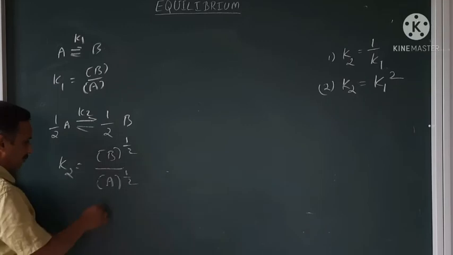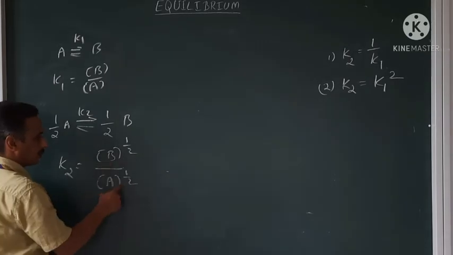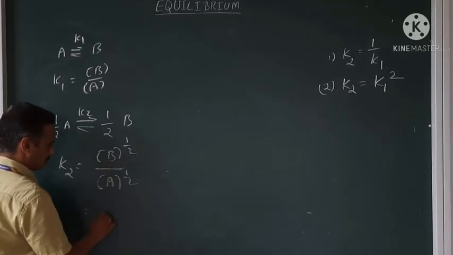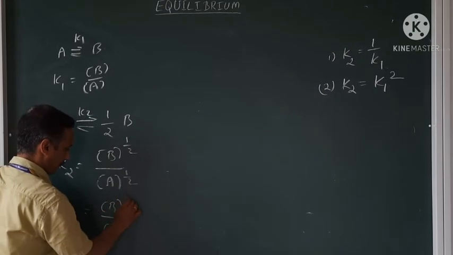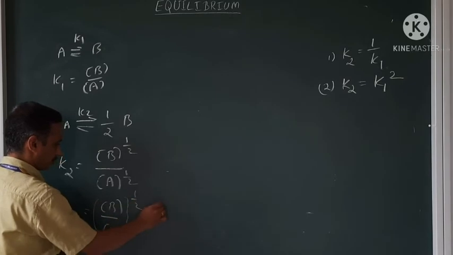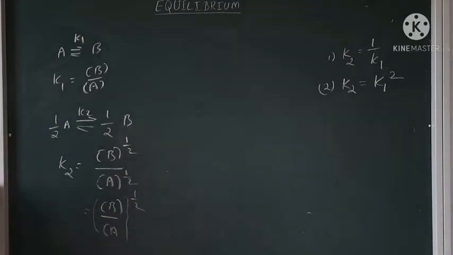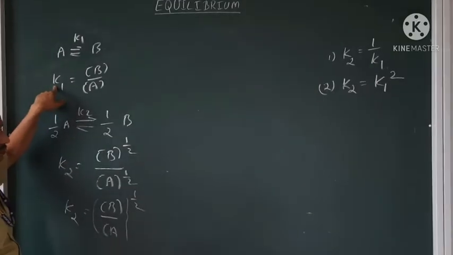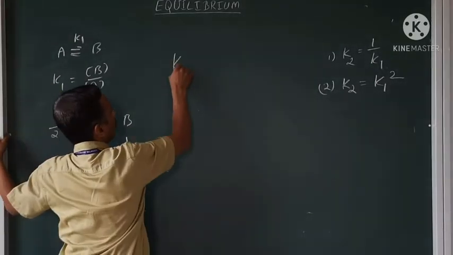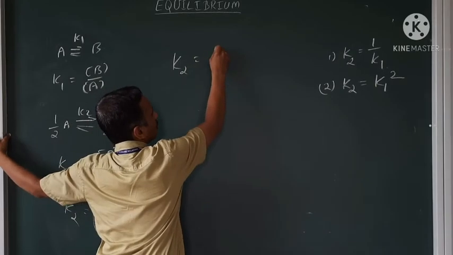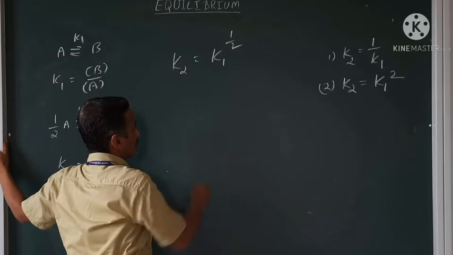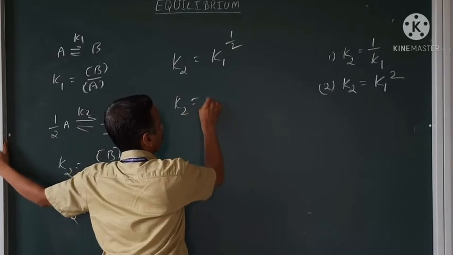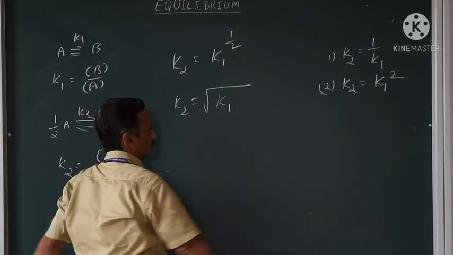And remember here, B to the power half, A to the power half, it is B by A to the power half. That is equal to K2. B by A is K1. So K2 is equal to K1 to the power half, or K2 is equal to square root of K1.